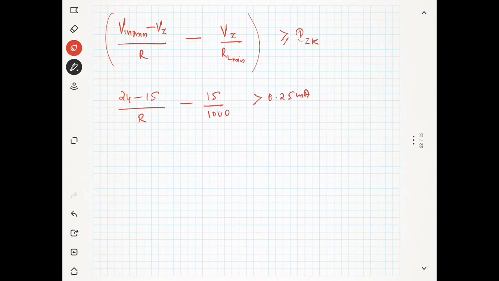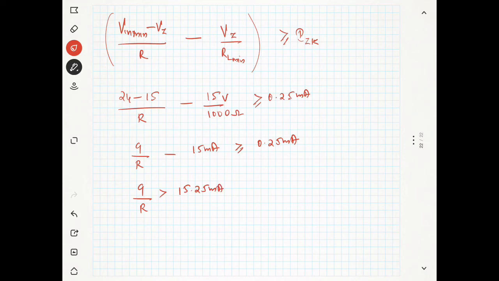Okay, so you will get here 9 over R minus 15 milliampere should be greater than 0.25 milliampere. Here ohm, volt, so this becomes 15 milliampere. That means 9 over R should be greater than or equal to 15.25 milliampere.